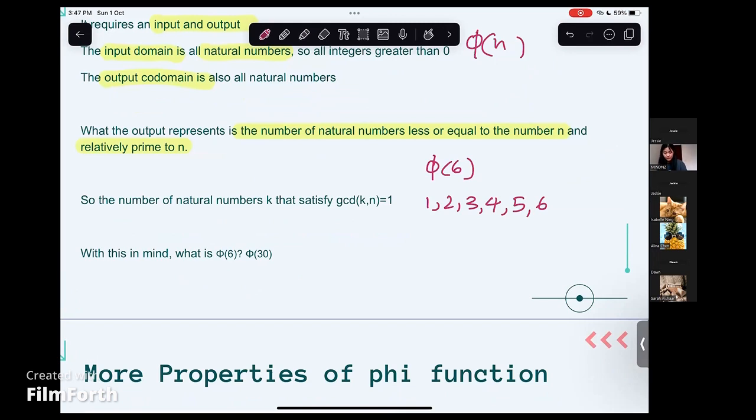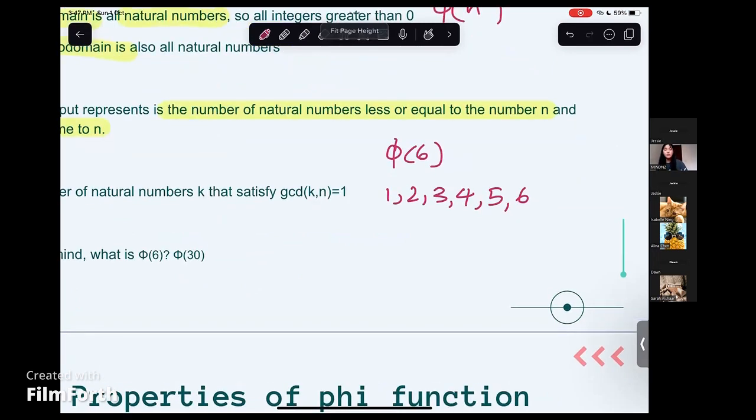So which ones are actually coprime to 6? Coprime is defined as the GCD of 6 and the number, say k, being equal to 1, right? So 1 and 6 obviously have a GCD of 1, and 5 also satisfies the condition, right?